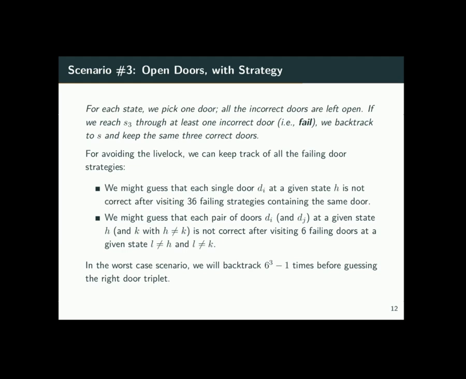until I reach 166, then I know that maybe I have some kind of information that D1 is actually not the correct door.